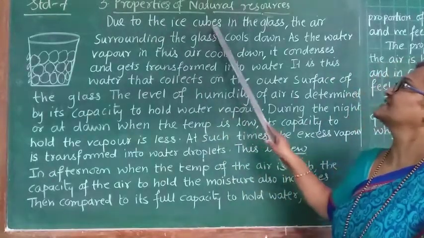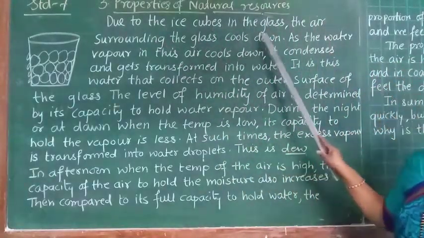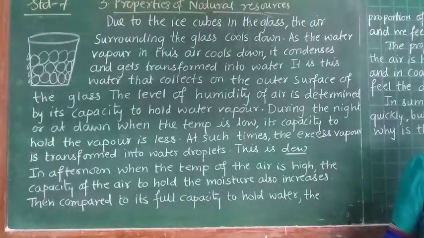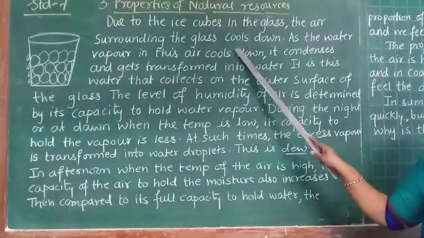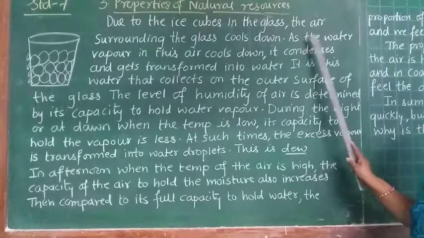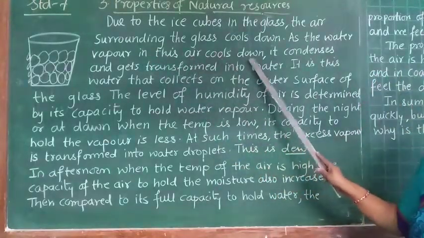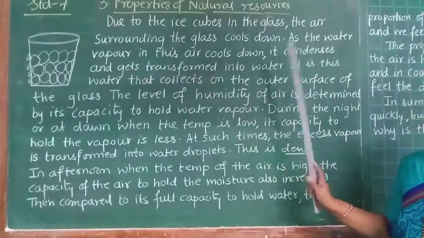Due to the ice cubes in the glass, the air surrounding the glass cools down. So what happens here? Whenever we have taken the ice cubes in a glass, now you can say the area which is surrounding the glass becomes cool, or it is cooled down. As the water vapor in this air cools down, it condenses and gets transformed into water.